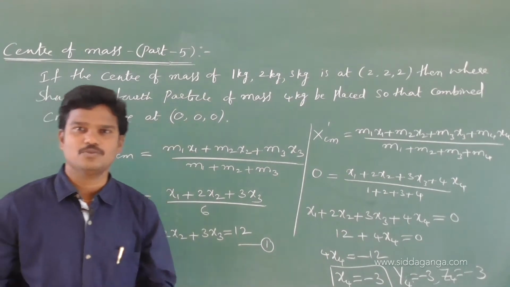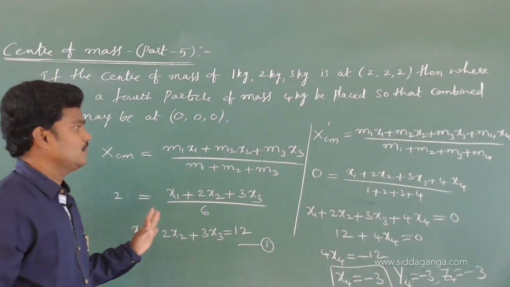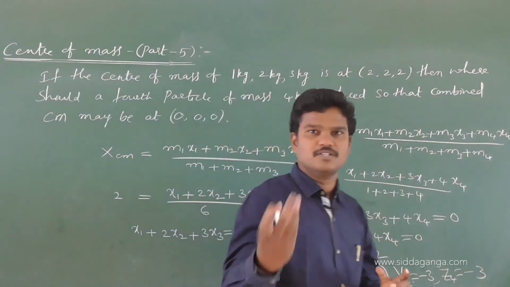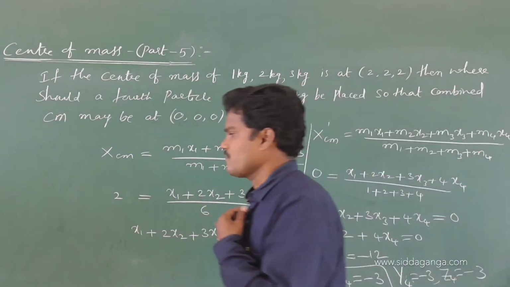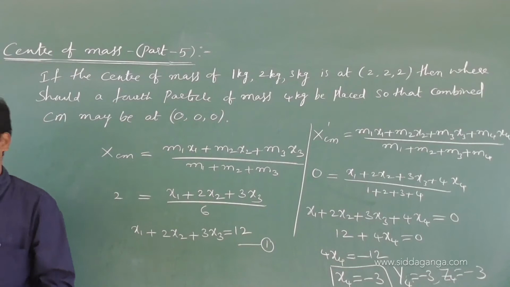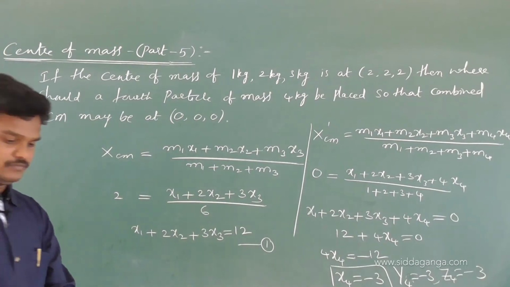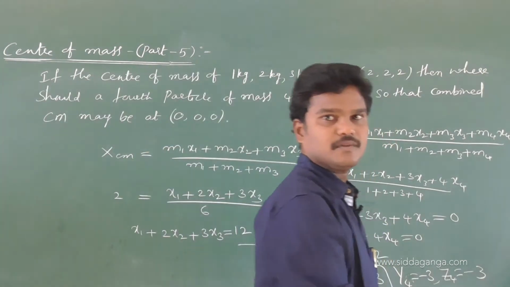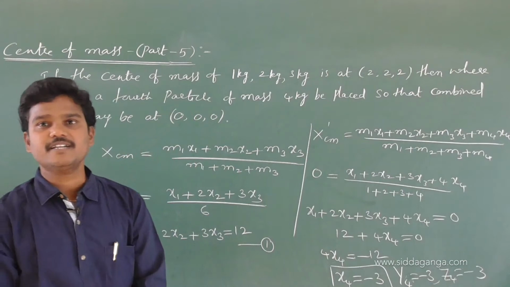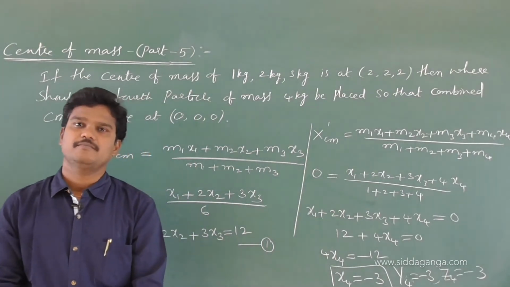So, this is also a somewhat good question. Follow this method to solve some other questions. Here the 4 kg will be placed at the coordinates minus 3, minus 3, minus 3.